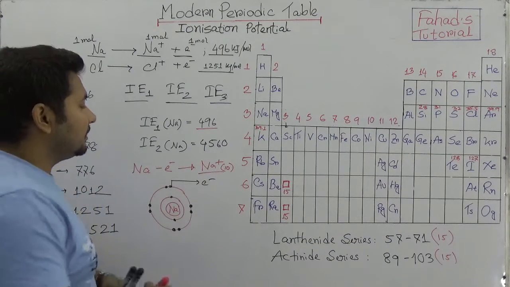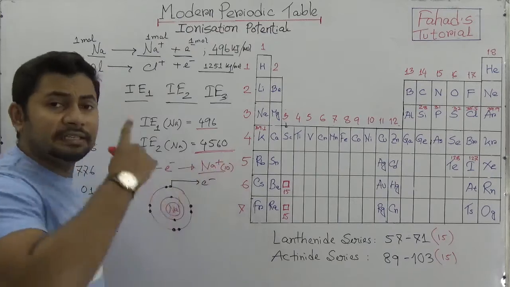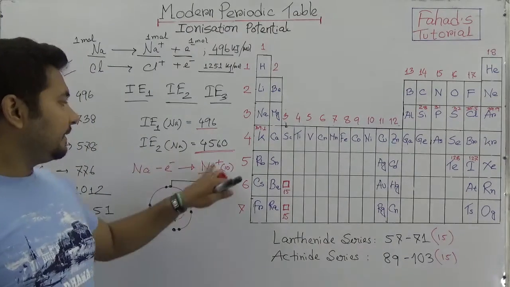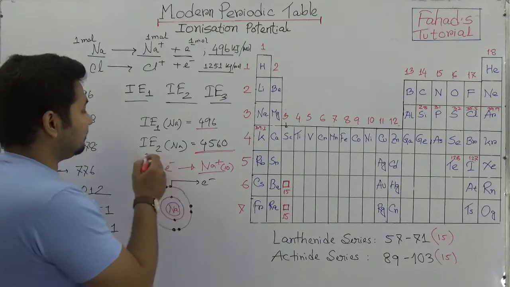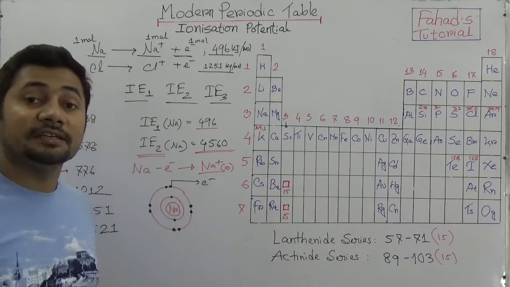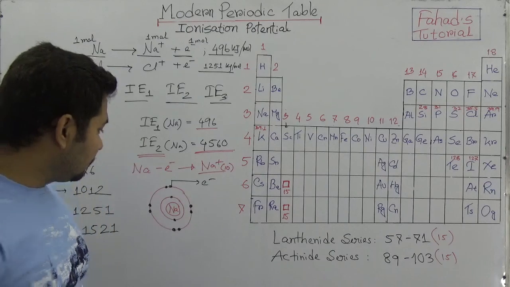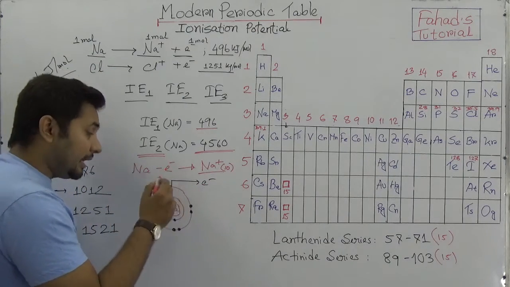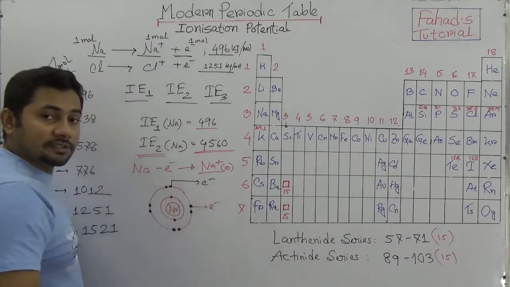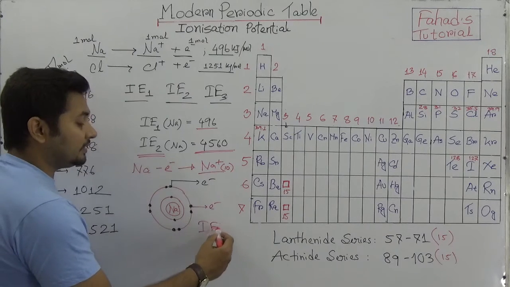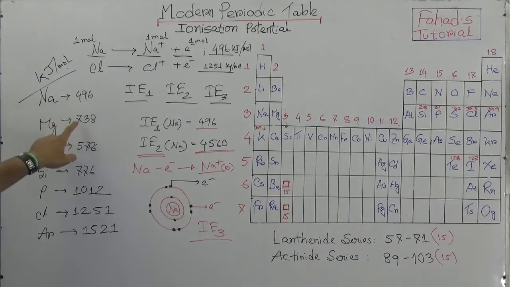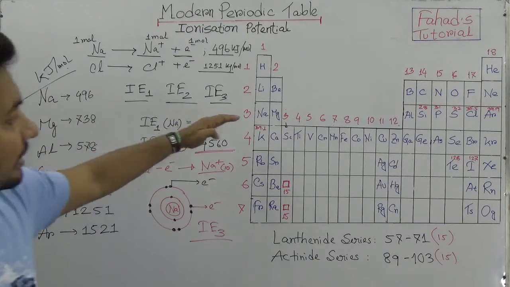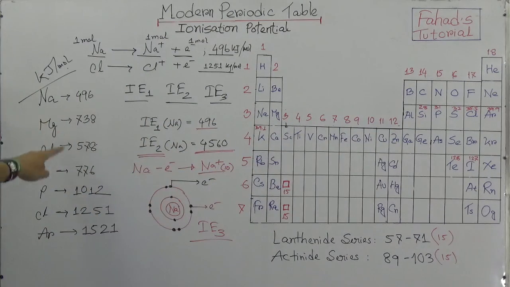That is why this is almost 9.5 times greater than the first, in case of ionization energy 2. If you want to release yet another electron, then it will become ionization energy 3. This is the ionization energy of period 3.